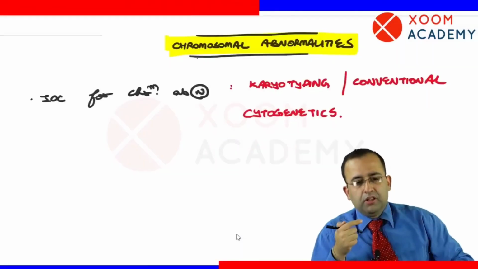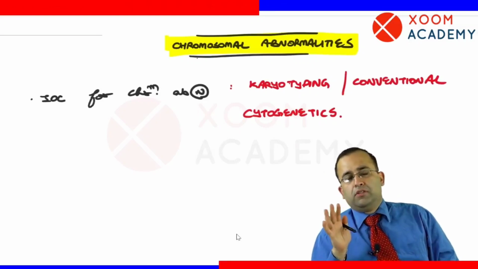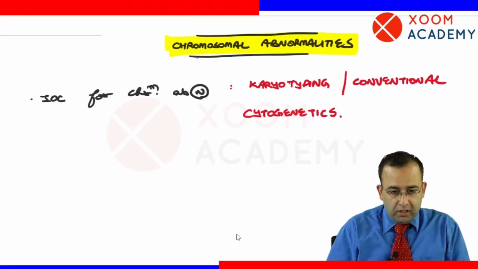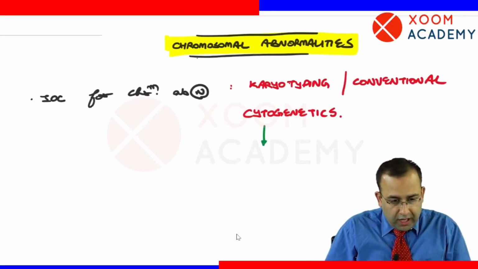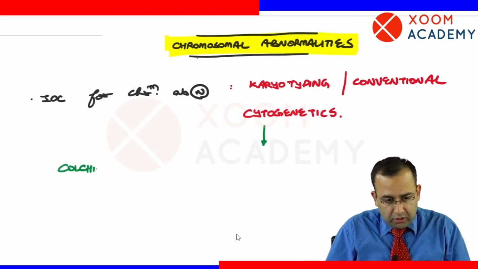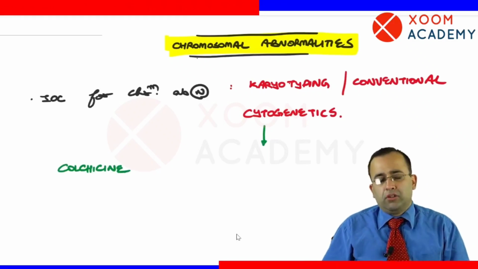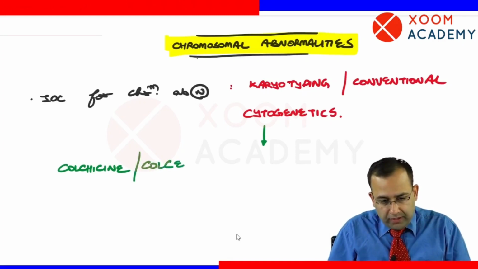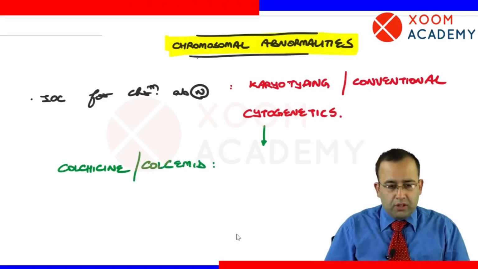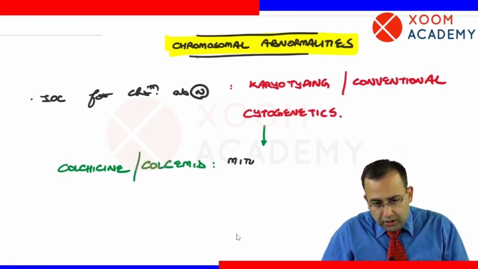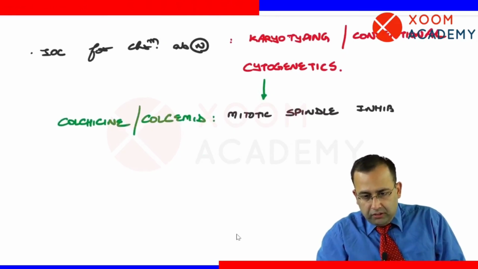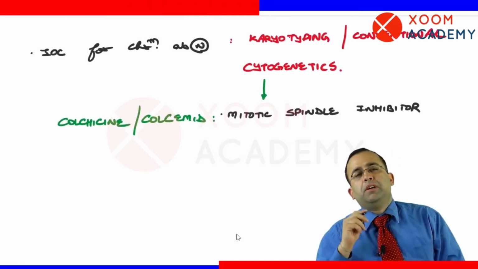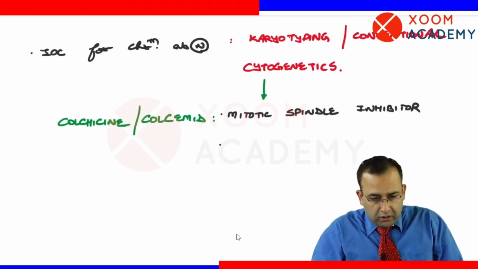So first point, investigation of choice for chromosomal abnormalities is conventional cytogenetics or karyotyping. How is it performed? In conventional cytogenetics or karyotyping, इसमें हम लोग colchicine add करते हैं. We add colchicine or colcemid, एक ही बात है, which is a mitotic spindle inhibitor. ये spindle formation को inhibit करता है.